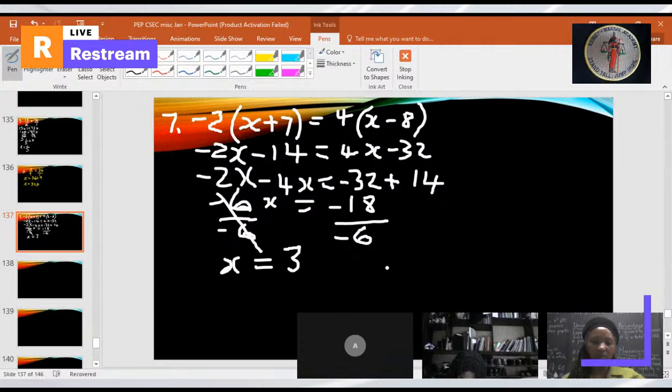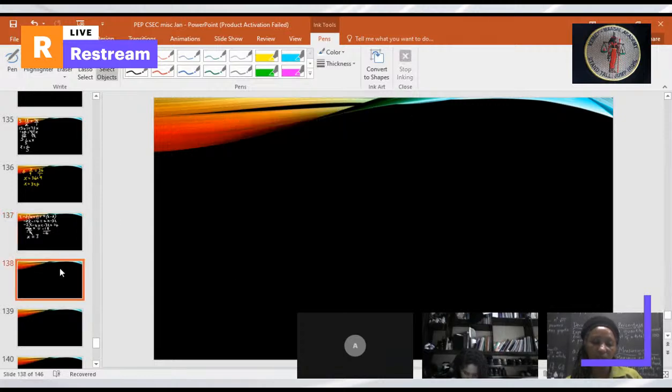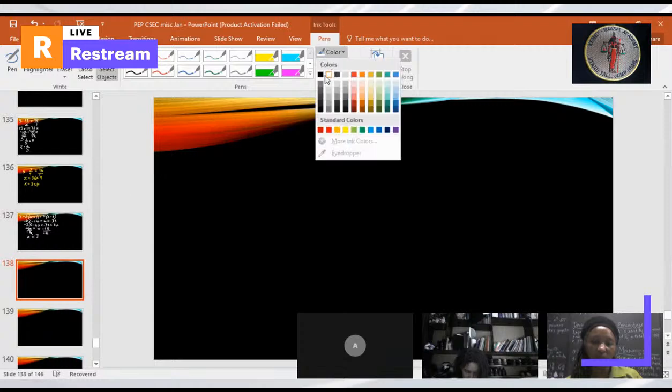So we'd have 4 threes, 12, minus 4 eights, 32, or we could just plug in the 3 in the brackets here, and 3 minus 8 is negative 5 times 4. So we'd get negative 20 on both sides. So they are equal. That's how we know.